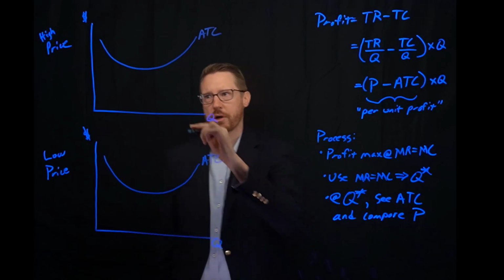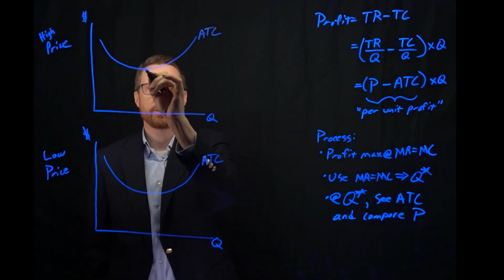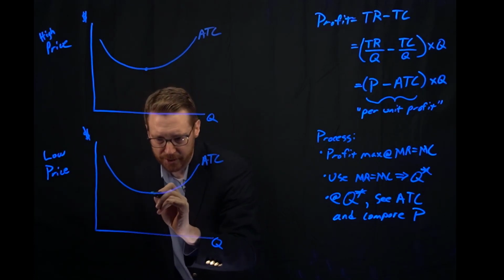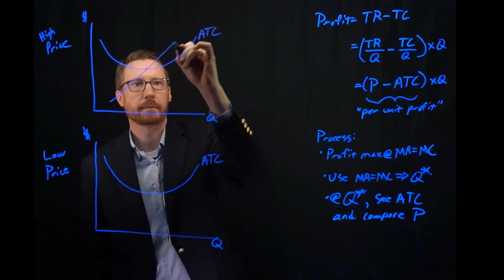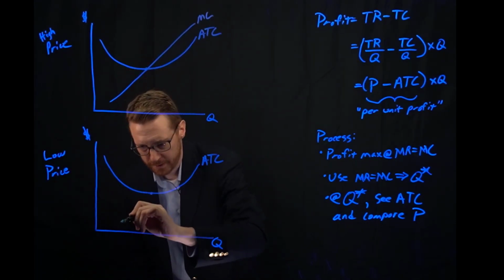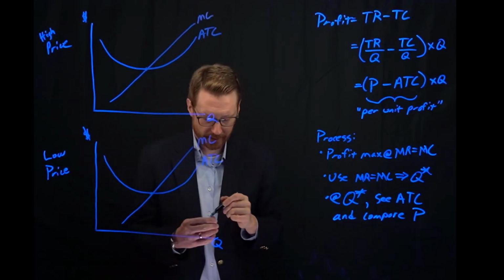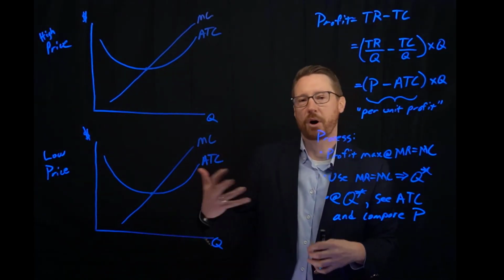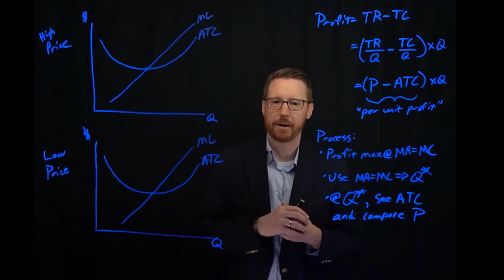And marginal cost is that upward sloping curve, but it crosses through average total cost at the minimum. So that's then marginal cost. And this one, marginal cost.